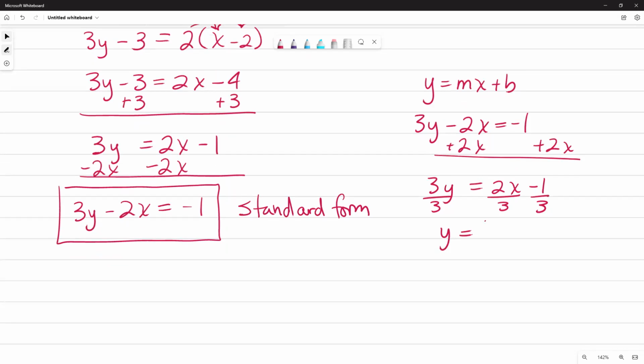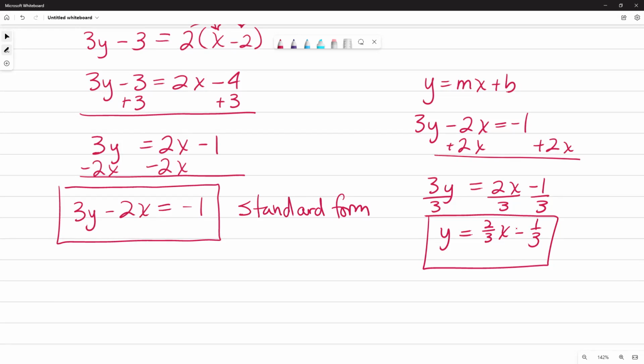Y equals 2/3 x minus 1/3, which is the same formula that we had from last time. Which makes sense, because if you look at example 1, where we did this using our slope-intercept form, we got the same thing, 2/3 x minus 1/3.